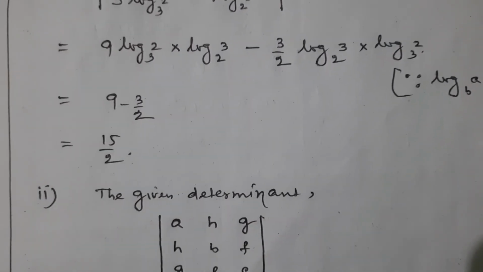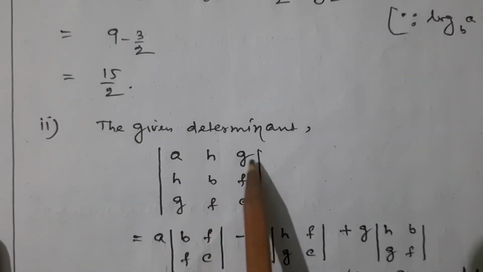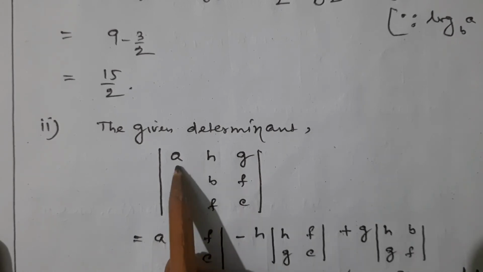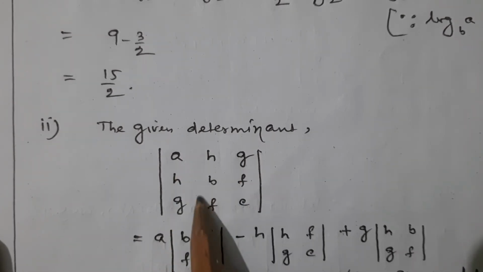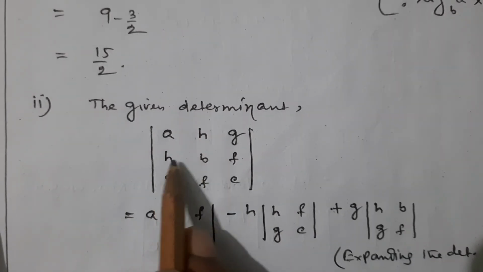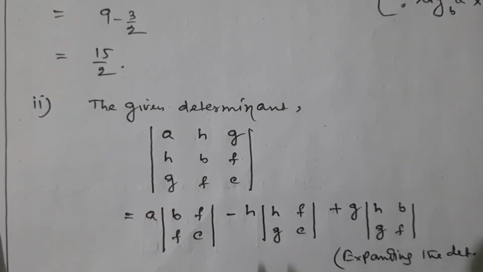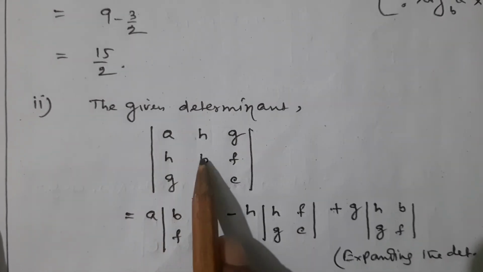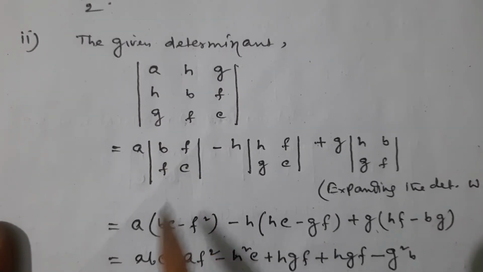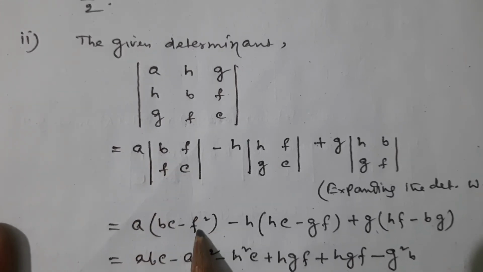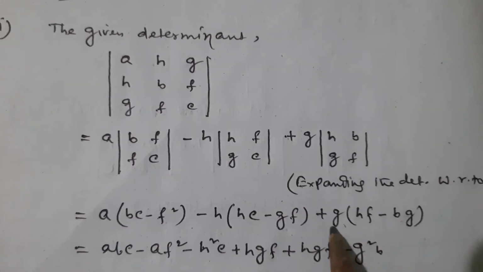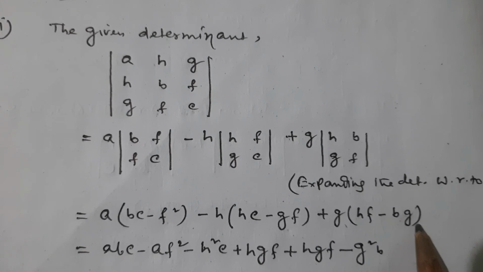Next, the given determinant is A H G, H B F, G F C. Expanding the determinant with respect to the first row, we get A into the determinant of B F, F C, minus H into the determinant of H F, G C, plus G into the determinant of H B, G F. Expanding these 2 cross 2 determinants, we get A into (BC minus F square) minus H into (HC minus GF) plus G into (HF minus BG).